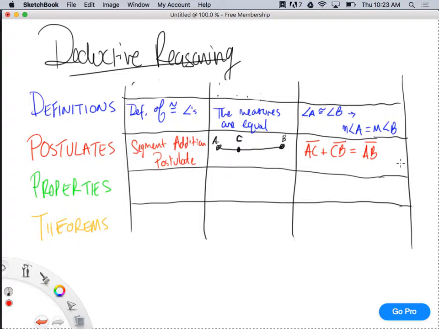And how did I know that? Well, I know that based on the segment addition postulate. Can you kind of see that? CB.